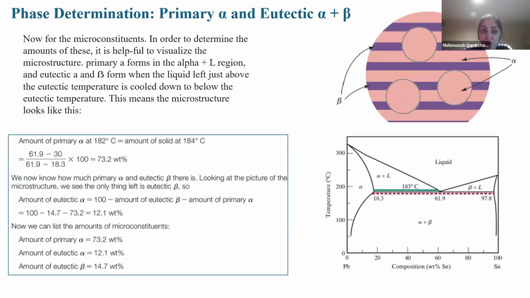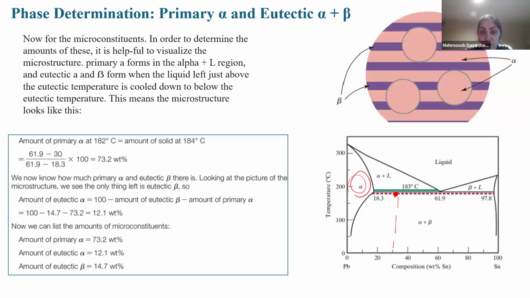We found alpha, but how much is primary alpha? Again, it is another tie line between alpha and eutectic, and we are at this point, 38%. It is primary alpha because this region is primary alpha.